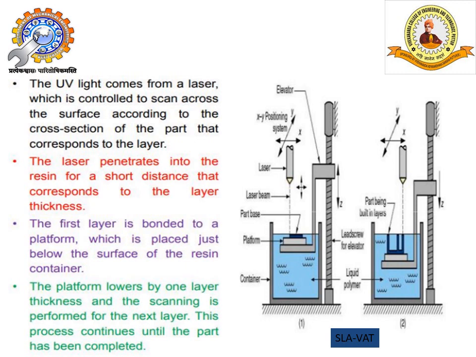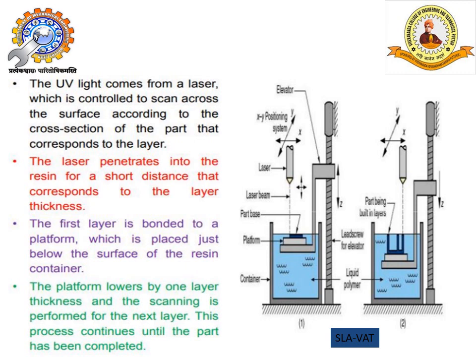When this UV light comes from a laser, it is controlled to scan across the surface according to the cross section of the part that corresponds to the layer, because we have already made the part in 3D. The CAD model is already available, and this CAD data is sliced and converted into STL files, and these STL files are linked to the additive manufacturing machines. Machines will read the data from the STL files.